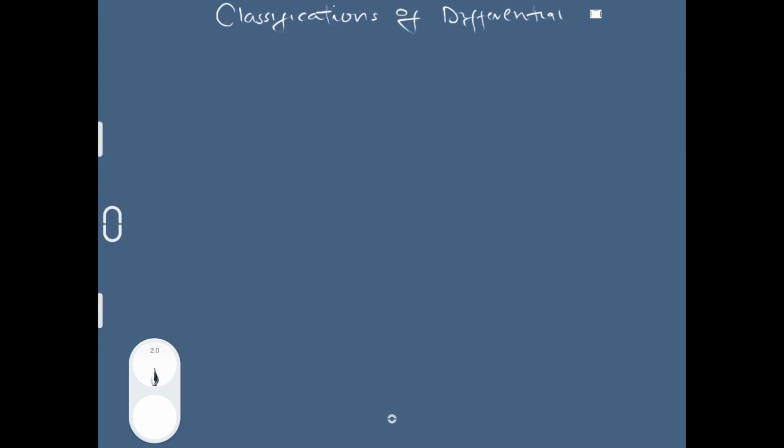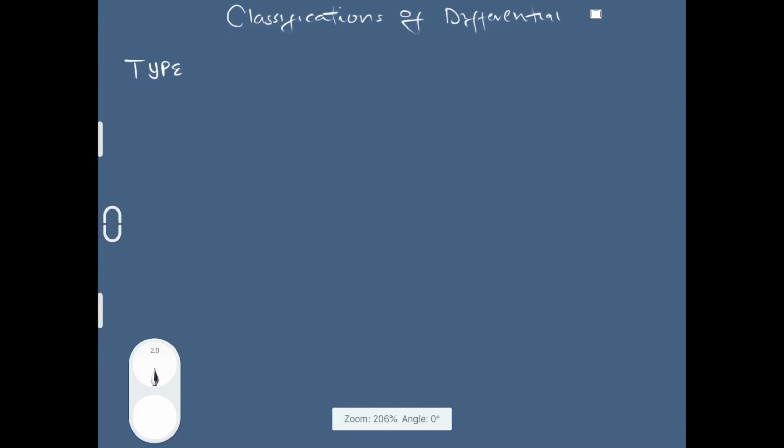So differential equations are classified into 3 main categories. You can classify a differential equation by its type, by the order, or by its linearity.